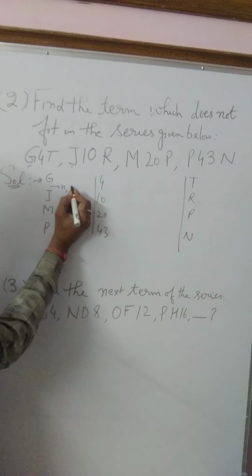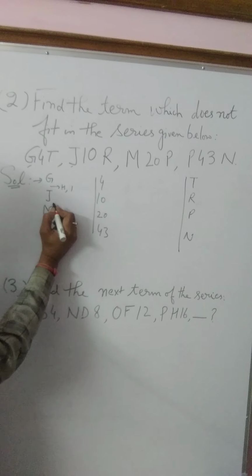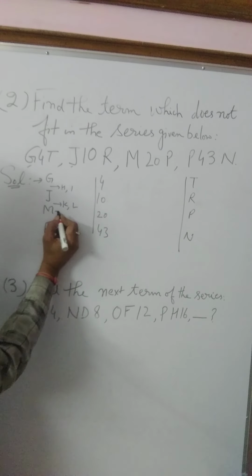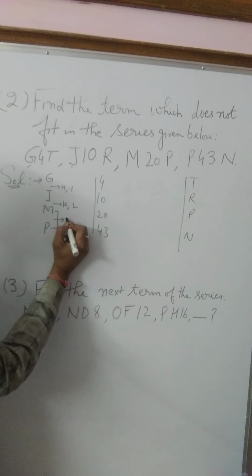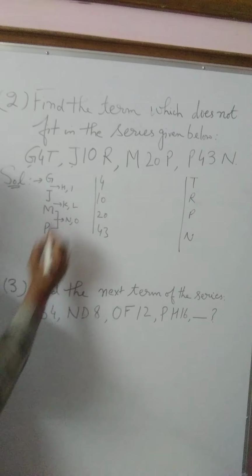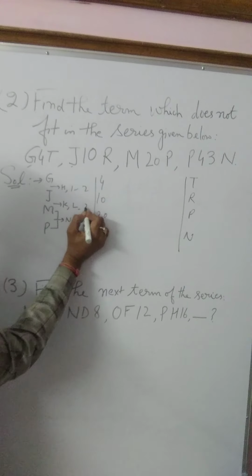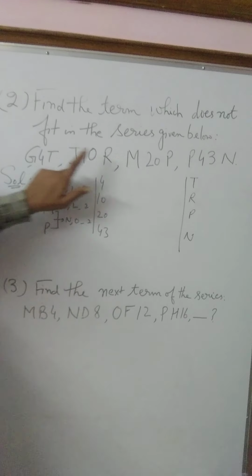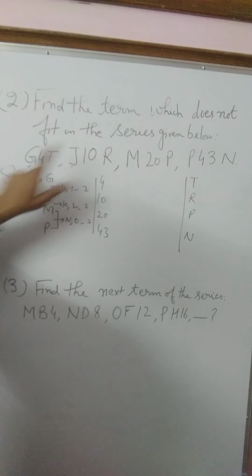H, I. To J, M, it is K and L missing. From N to P, N and O are missing. So here 2, 2, 2. Uniform pattern established, so there is no mistake in the first term of each block.